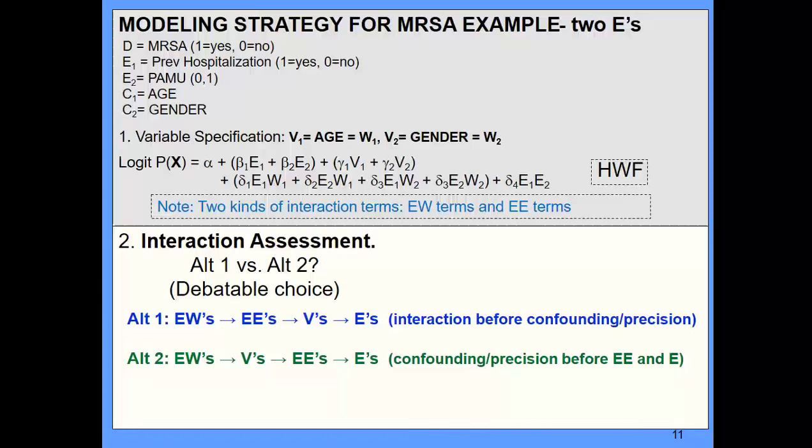That's sort of like what we did when we had a single exposure. We didn't touch E. We worked with the V's and the EVs before we dealt with the E's. So that's my reasoning for saying alternative 3, starting with the EEs, doesn't make sense. Although it doesn't mean that nobody can, but this is what I'm working with, alternative 1 or alternative 2.